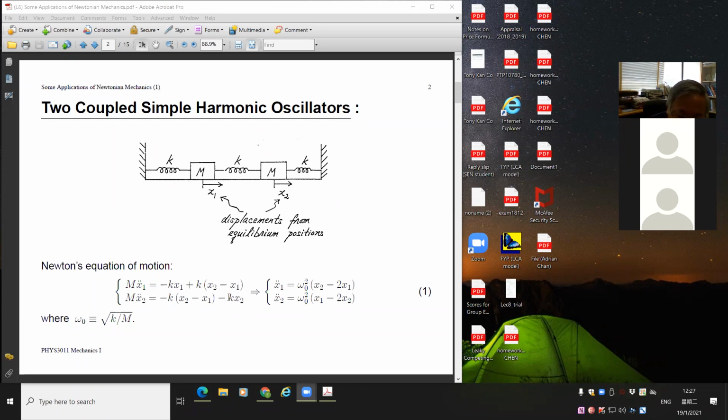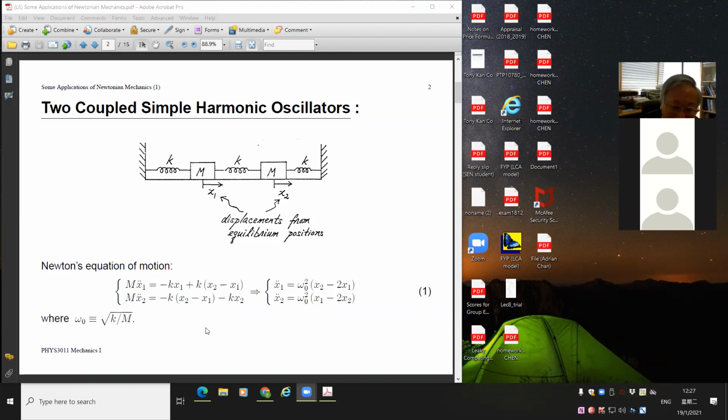So we have minus kx2. And also, by the action and reaction principle, there is a force pulling the second block towards the left, equal to minus k times (x2 minus x1). x2 minus x1 is the relative displacement of the two blocks.